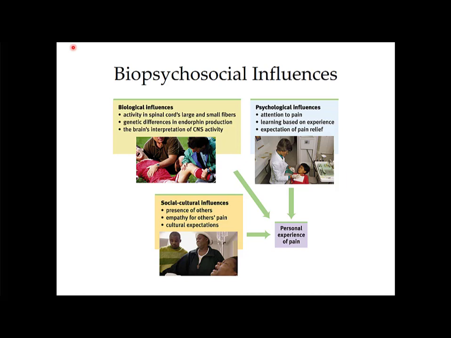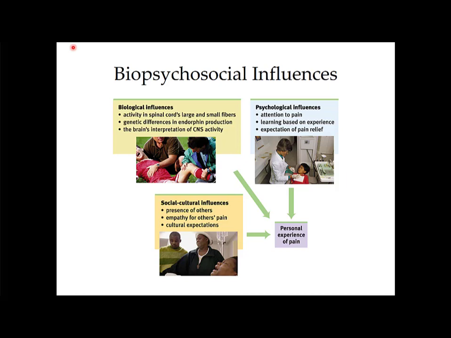All right, so here are some things that we know. From a biological perspective, we know that people can experience pain differently because of their spinal cord. Everybody's spinal cord is slightly different, and there are these fibers called large fibers and small fibers, and which combination you have will determine whether you feel more or less pain. Other people produce different levels of endorphins.